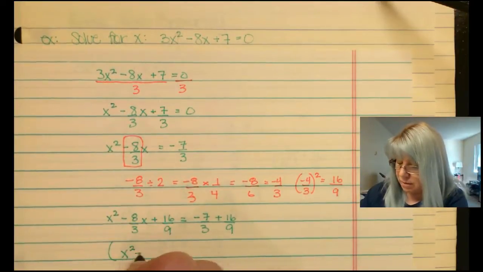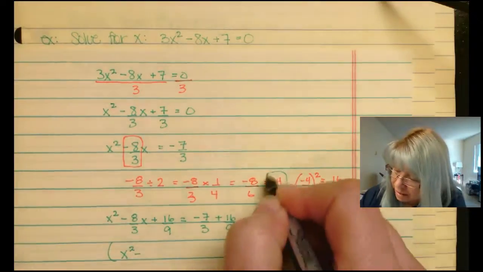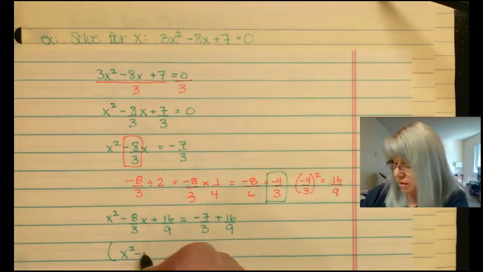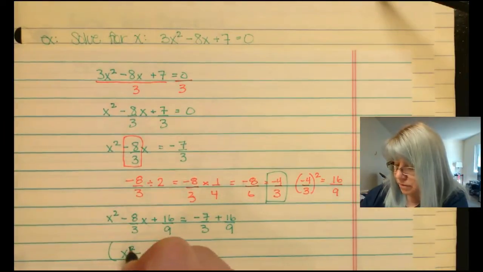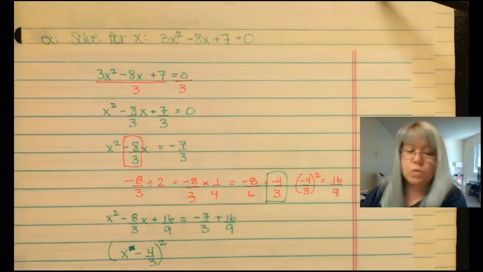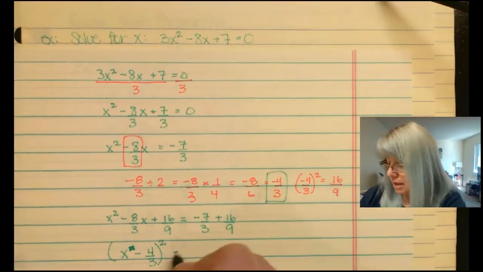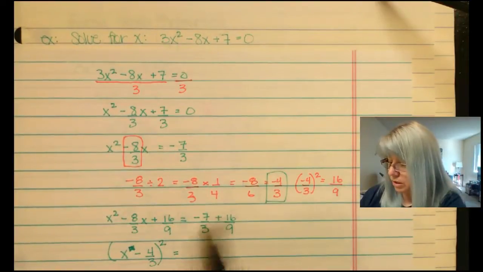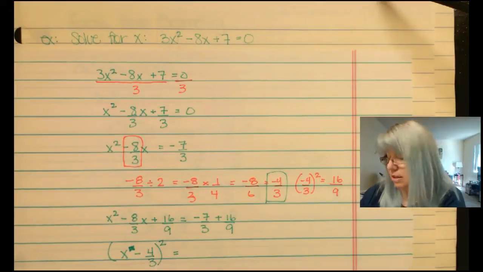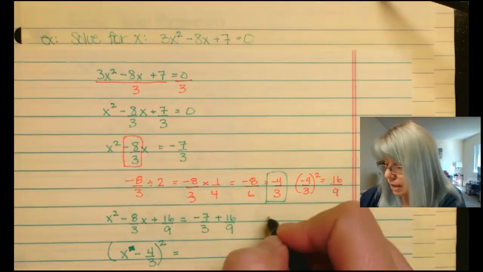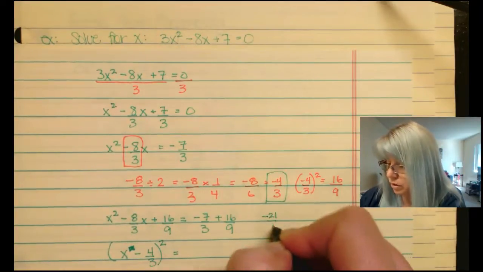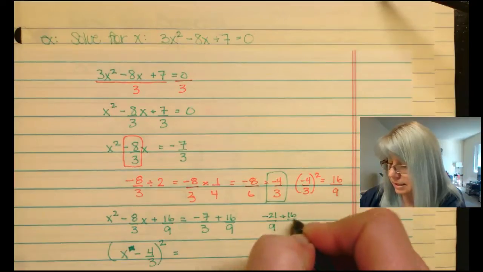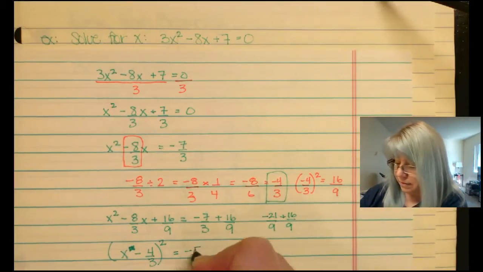X minus, remember, that was our perfect squared value, 4/3. Square goes on the outside, not on the inside. And now I need to work with combining the right-hand side. That's going to be negative 21/9 plus 16/9, negative 5/9.